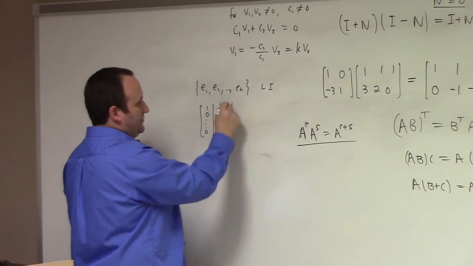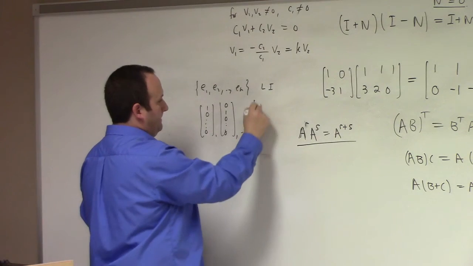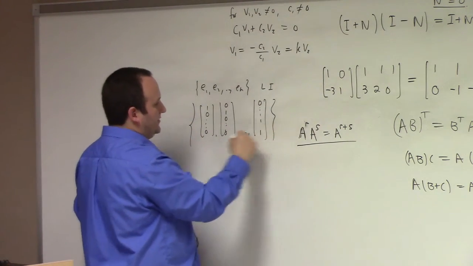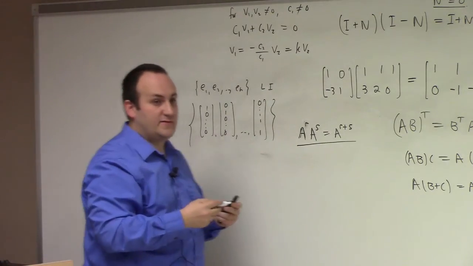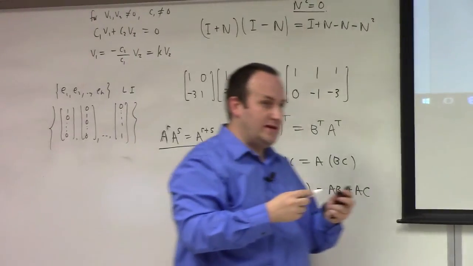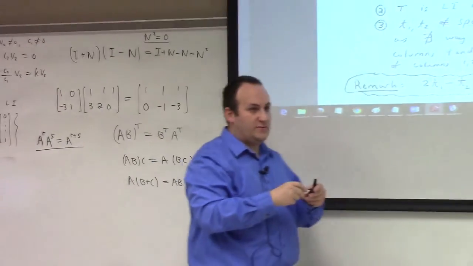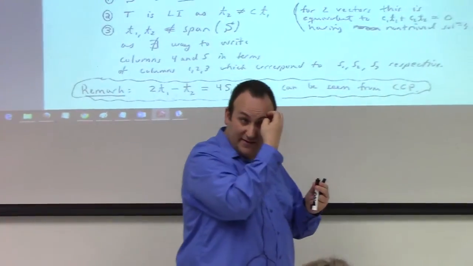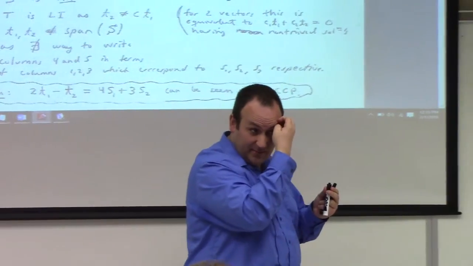Or if you don't believe me, you could prove it, right? There's no way you can build one of these from the other. There's simply no way to get the 1 in a particular one of those from the ones in the other because it's 0 in all those spots. That's like the mechanics of it.